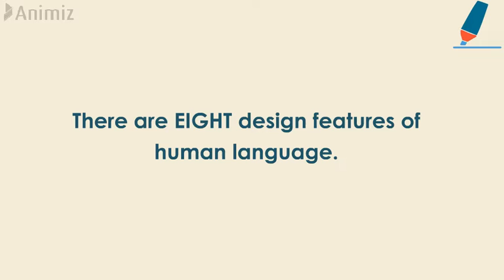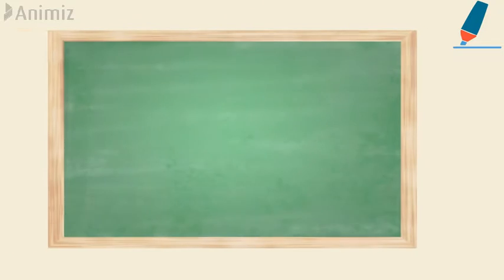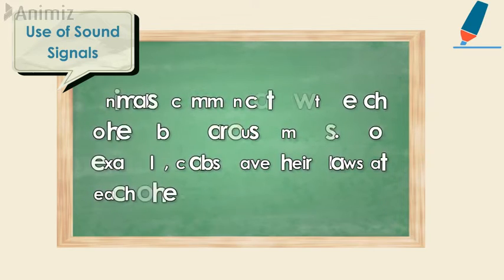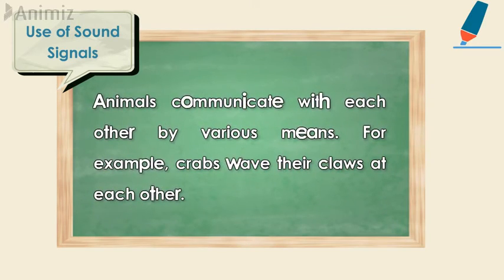There are 8 design features of human language. The first one is the use of sound signals. Animals communicate with each other by various means.